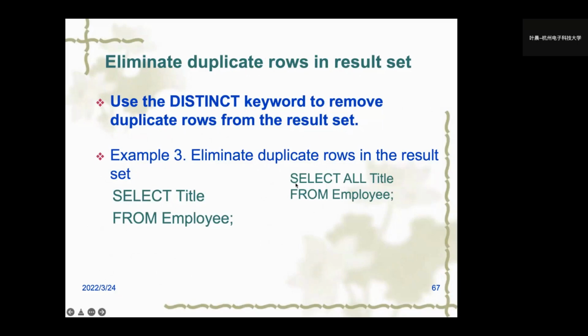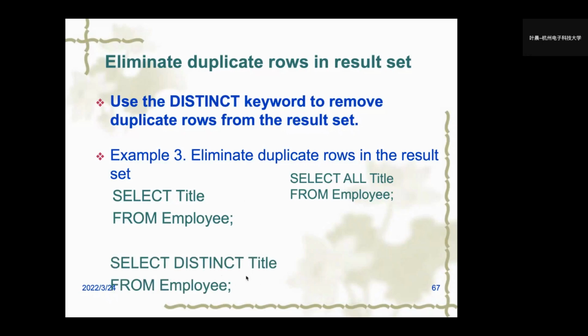So if you just write this kind of SQL language, it will return the whole column, which includes many duplicate rows. If you want to eliminate these duplicate rows, you can just add distinct before the columns from which you want to eliminate the duplicates.